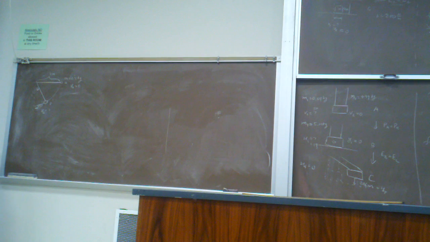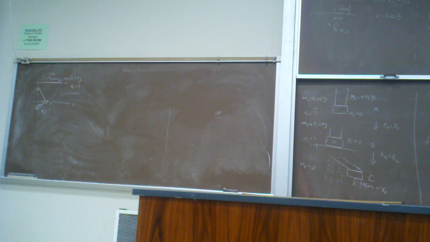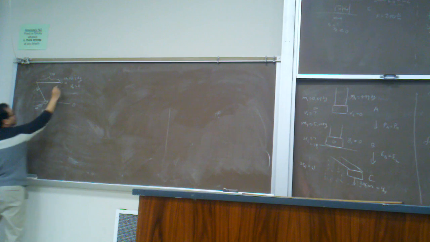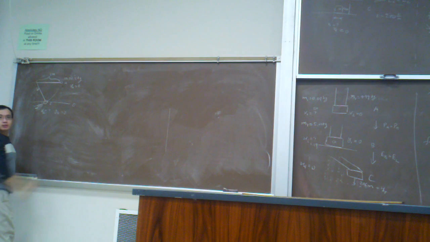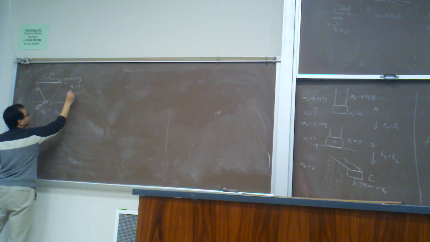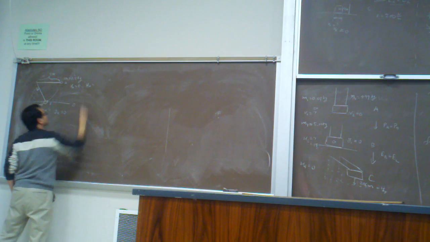You can choose either the top or where B is. Okay, let's choose here as 0. Then the final height YB will be 0, right? And you still need to figure out the initial height YA.